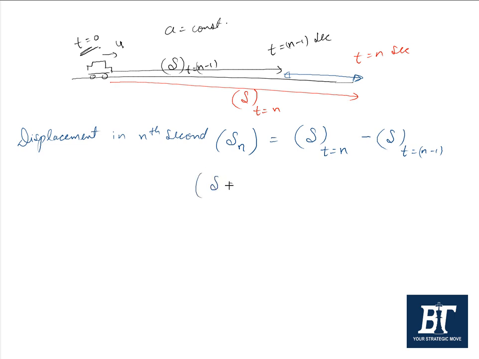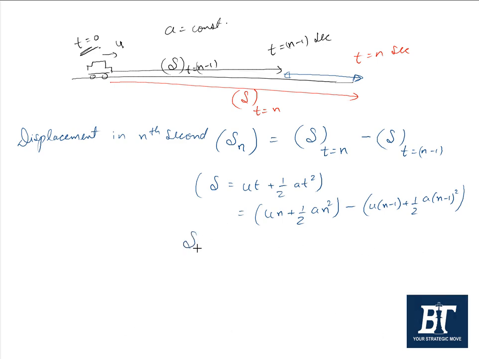And we know that displacement covered by a body in the time interval from t is equal to 0 second to t is equal to t seconds is ut plus half at square. So displacement covered by this body in n seconds will be equal to u into n plus half a n square, and displacement covered by this body in n minus 1 seconds will be equal to u into n minus 1 plus half a n minus 1 square.